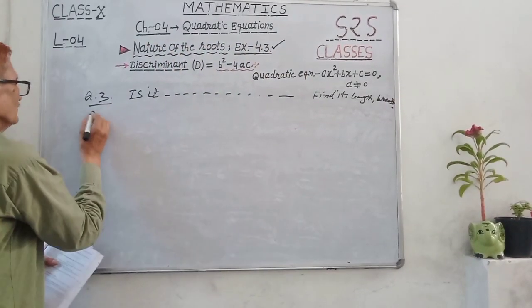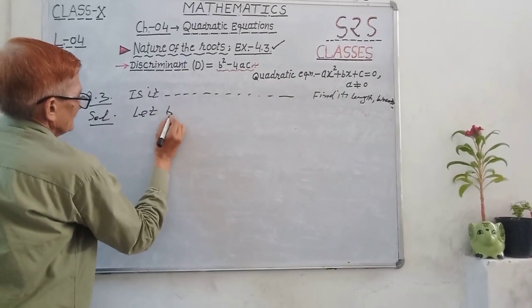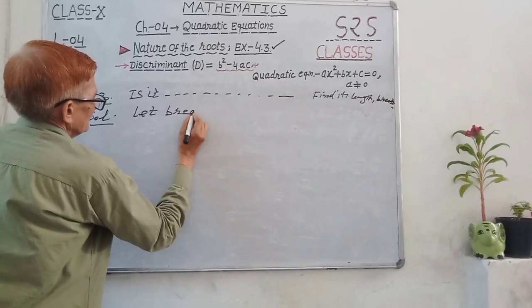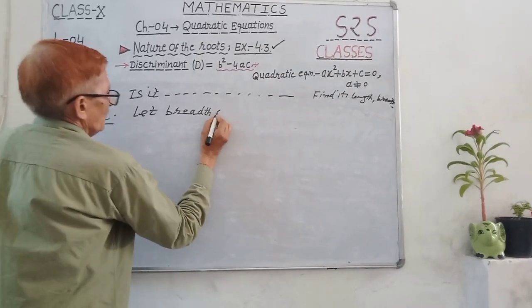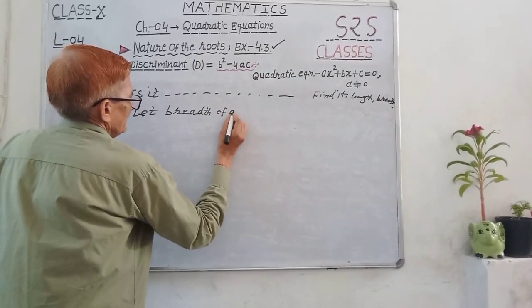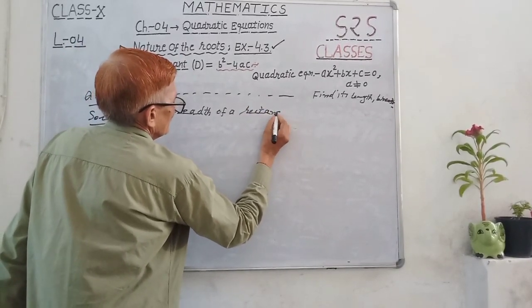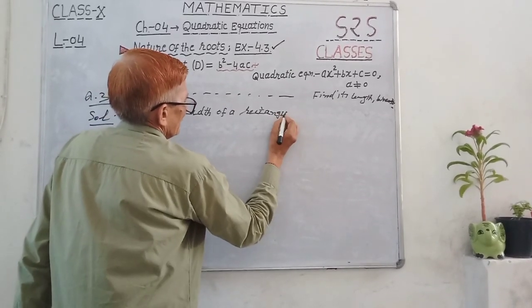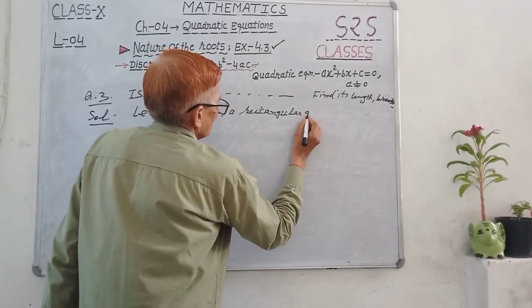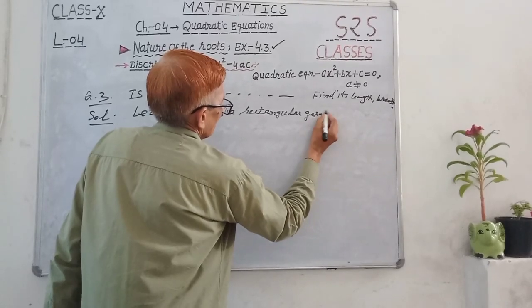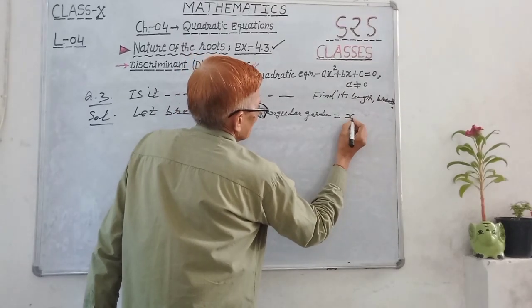Now the solution: let the breadth of a rectangular garden be x meter.